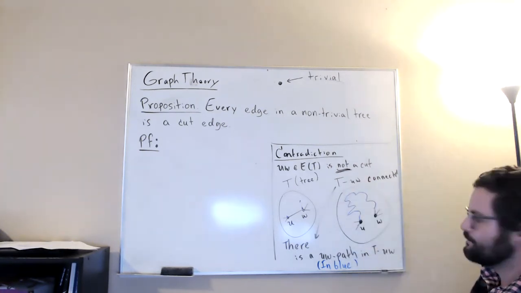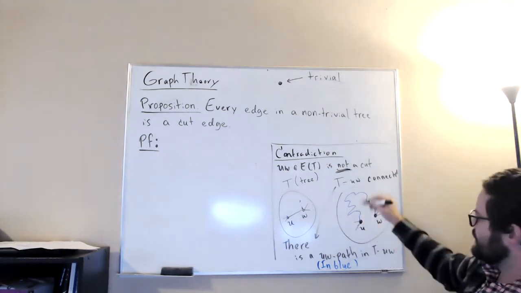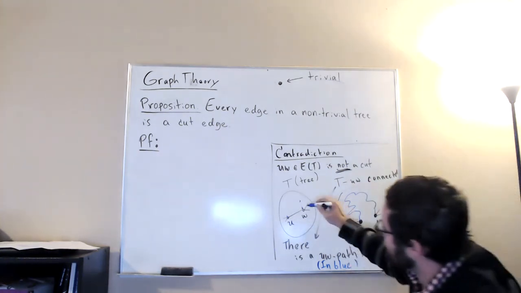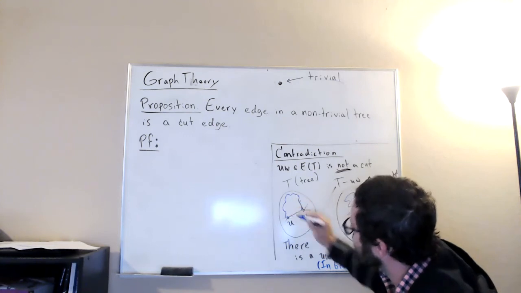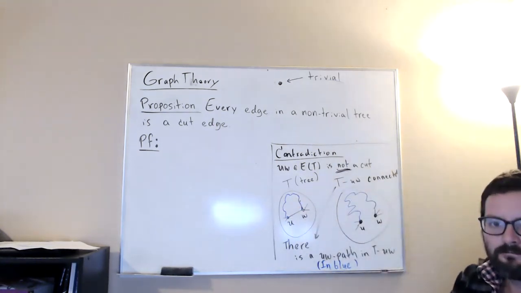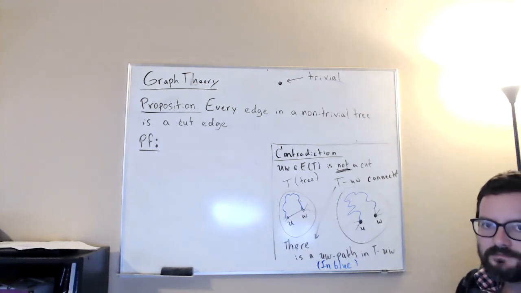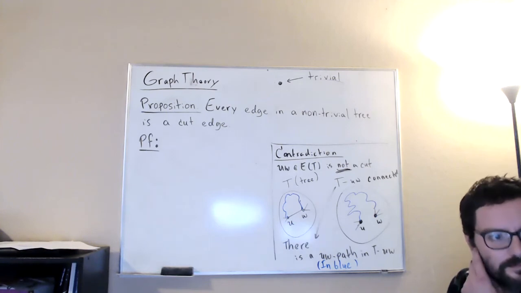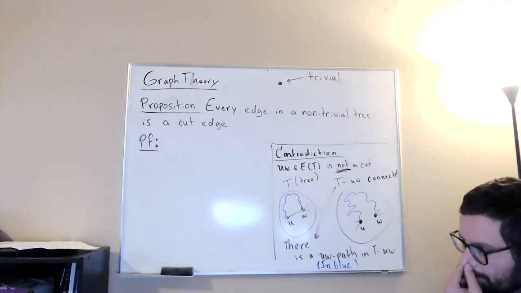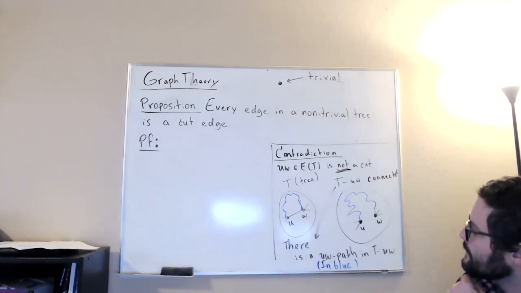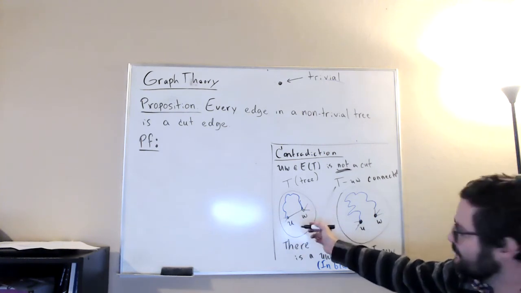So that means that there is a UW path in this piece over here, just after we remove that edge. But if that's there in this graph, it's also in the graph before we deleted the edge. But what does that make right there? Doesn't that make a cycle?